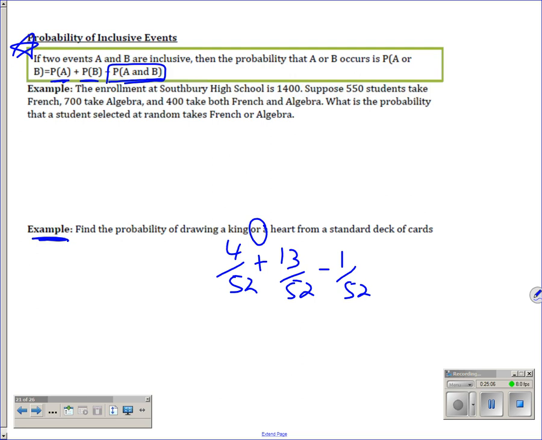Okay, so add them together, what's that? It's like 16 out of 52. It's like 0.3 something, I think. Point what? 0.307, good.